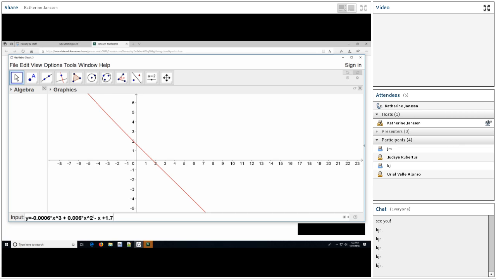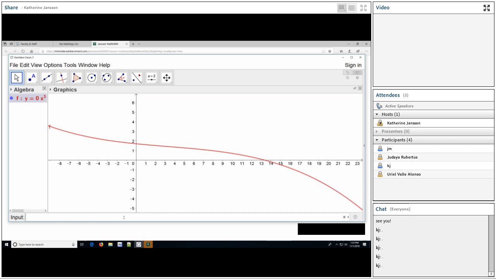I am having troubles with this entry into GeoGebra.